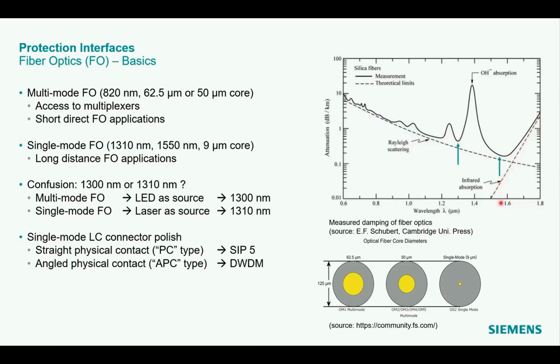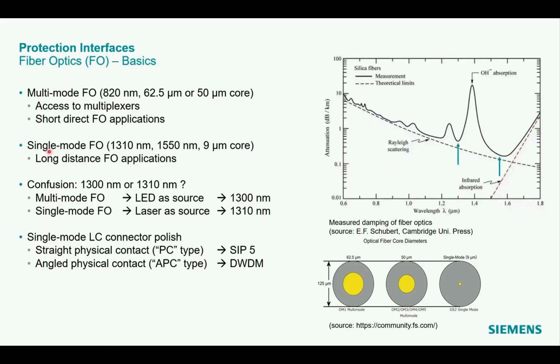So for these wavelengths, the fiber optic is used in practice. It's optimized to use 1300 nanometer for long distances and also 1550 nanometer. This is because of the quite low damping of the fiber optics.